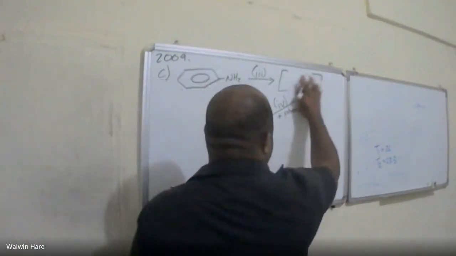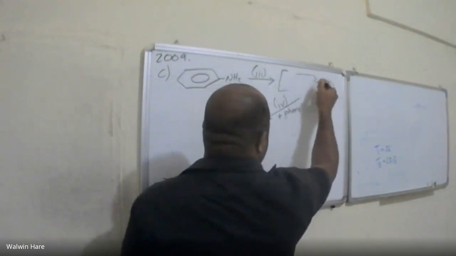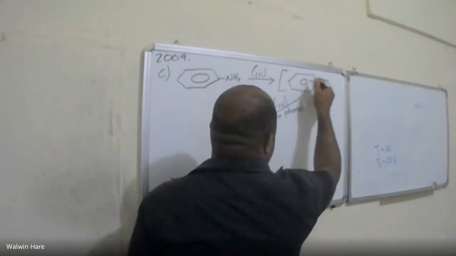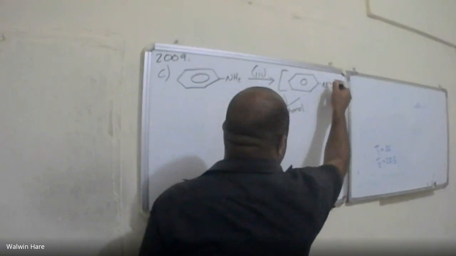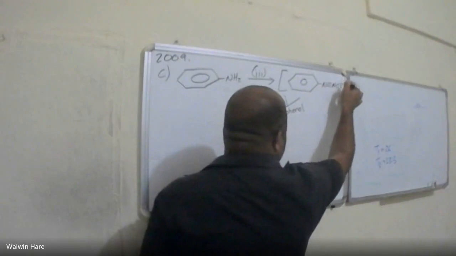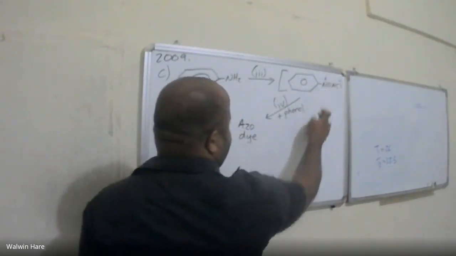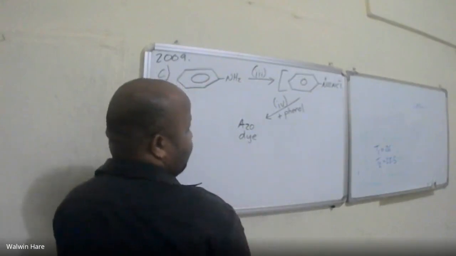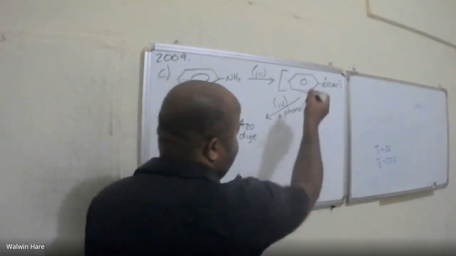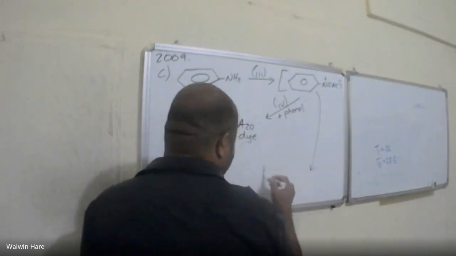So let me just put it there. So it's nitrogen, triple bond, nitrogen with a chlorine, a negative sign over the chlorine and a positive sign over the nitrogen atom attached to the benzene ring. Next, the name of it. I'm just going to put the name down here.